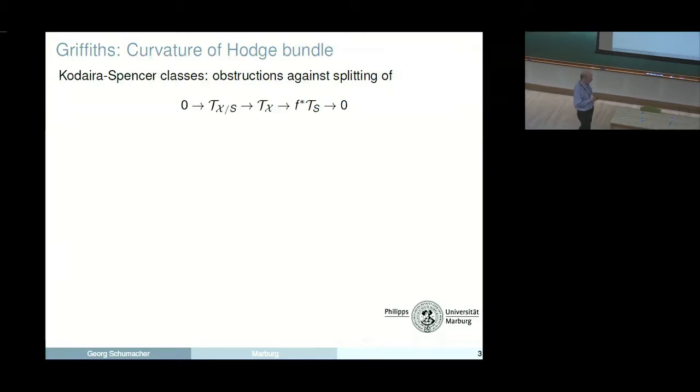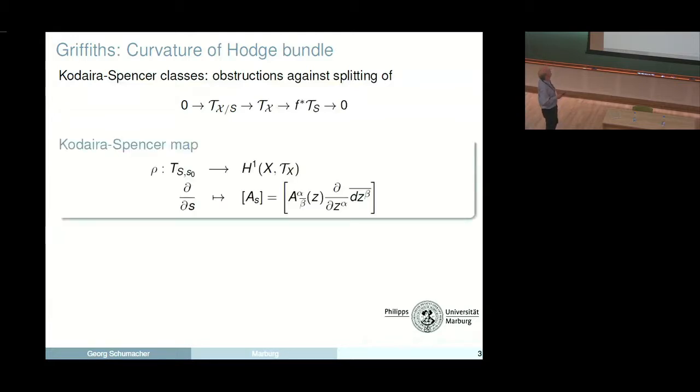So the obstructions against such a family being holomorphically trivial are sitting in the first cohomology, and we are looking at the edge homomorphism, which in fact is given by the Kodaira-Spencer map.